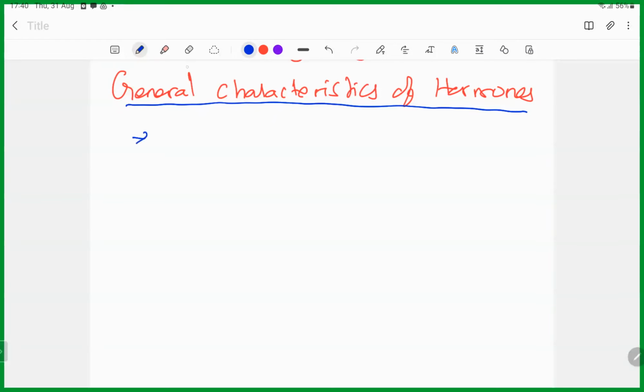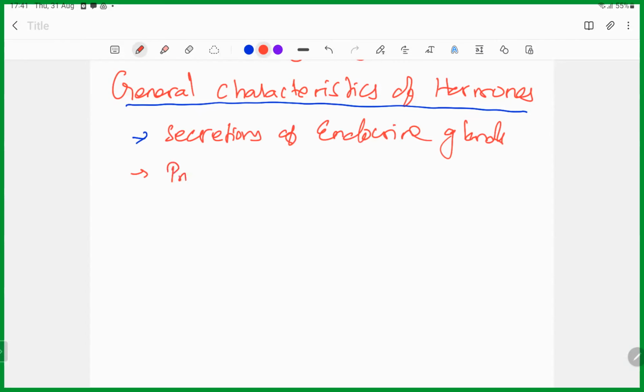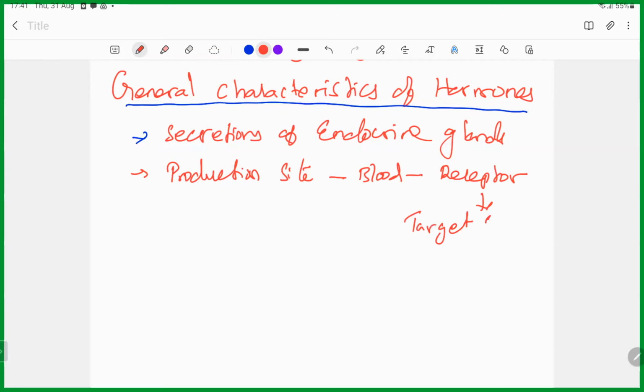They are secretions of endocrine glands, and then there is a production site, and then they are transported through blood, and there should be a receptor on the target site.